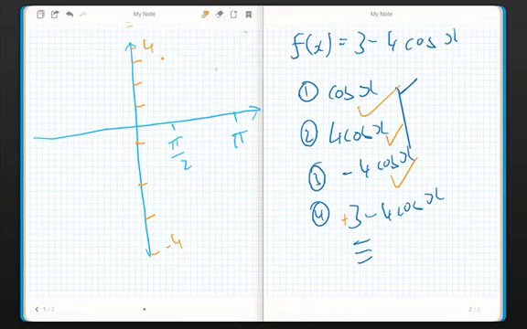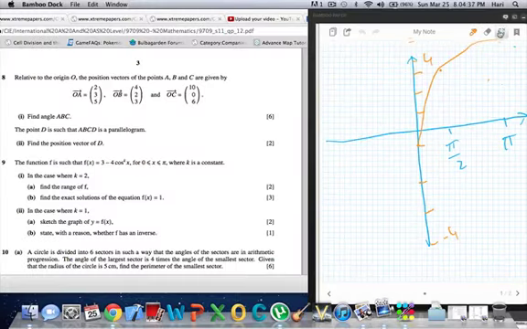And now we can plot this. I'm plotting it here, but 7 is way up there. So you get the idea. This is the basic graph of 3 minus 4 cos x. Always start small and then go big. It'll really help things. I'll just clear this page and go to the last question.